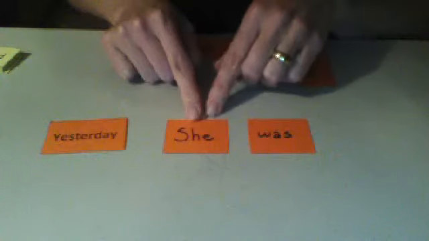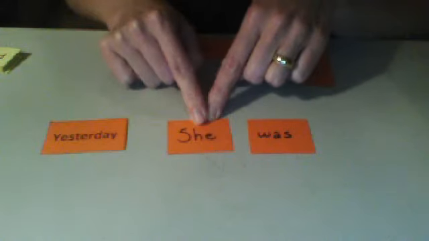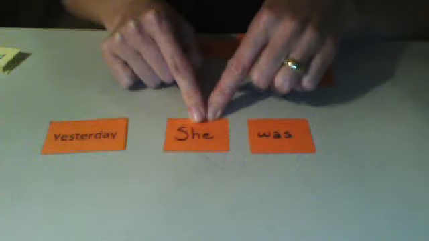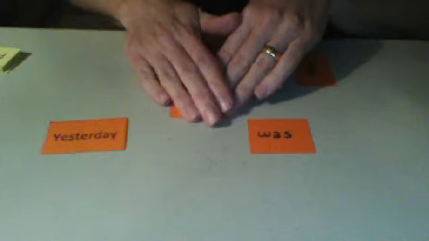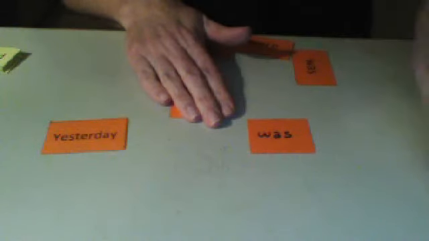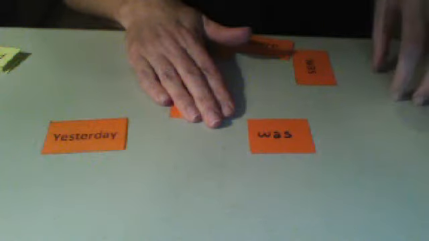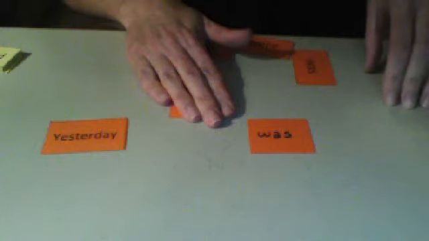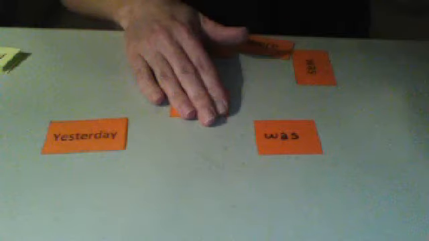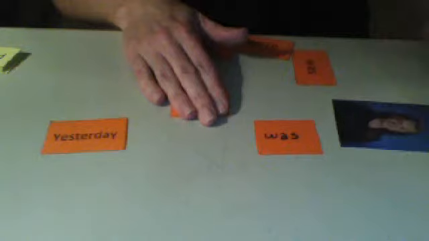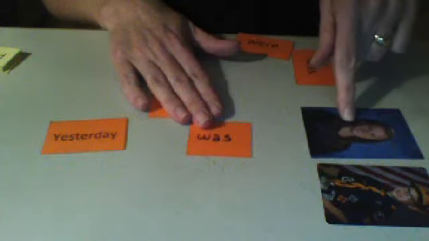Now to take this to the next level, if you're working specifically on these pronouns, sometimes I take away this card and I have pictures. I have a picture of a boy, a picture of a girl, and a picture of a group, for he, she, they. And I point to the picture I want the sentence to be about. So I pick the verb, and I point, and they have to generate the sentence without being able to read the pronoun.